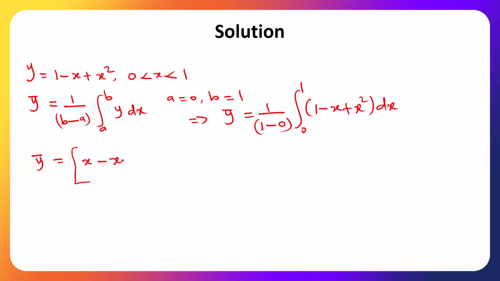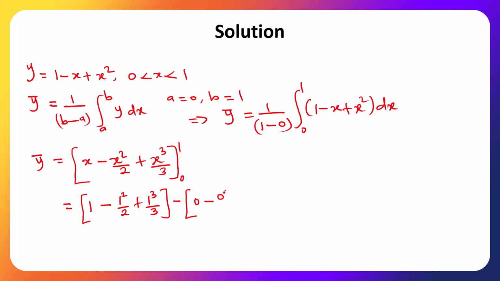and y bar is equal to x minus x squared over 2 plus x cubed over 3, from 0 to 1, and this gives us 1 minus 1 squared over 2 plus 1 cubed over 3, minus 0 minus 0 squared over 2 plus 0 cubed over 3, and this gives us 1 over 2 plus 1 over 3, and this is equal to 5 over 6.